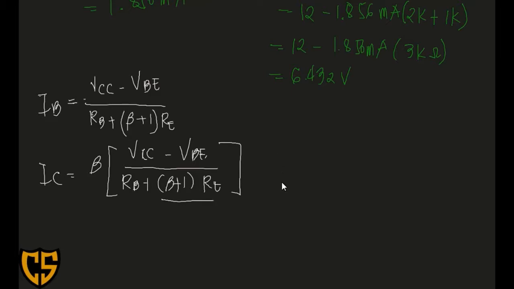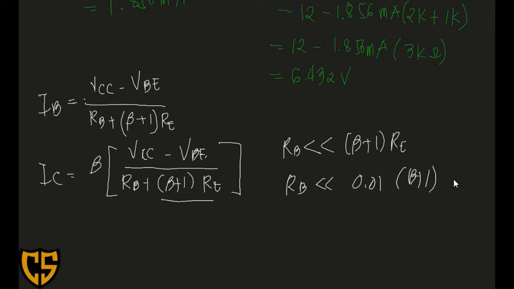This is considering that RB should be much smaller compared to beta plus 1 RE, so the answer will no longer depend on that value. Considering that your RB should be 0.01 of beta plus 1 RE, that is a possible consideration.